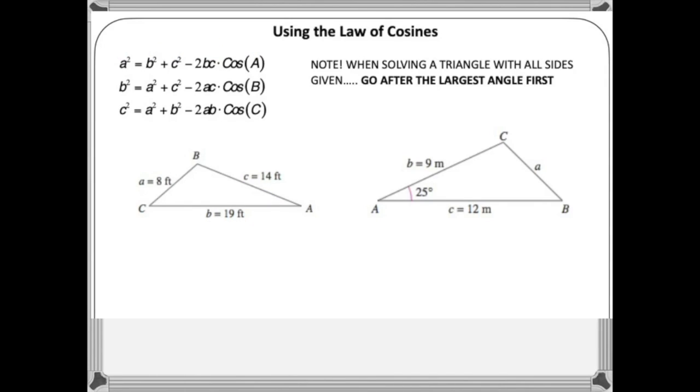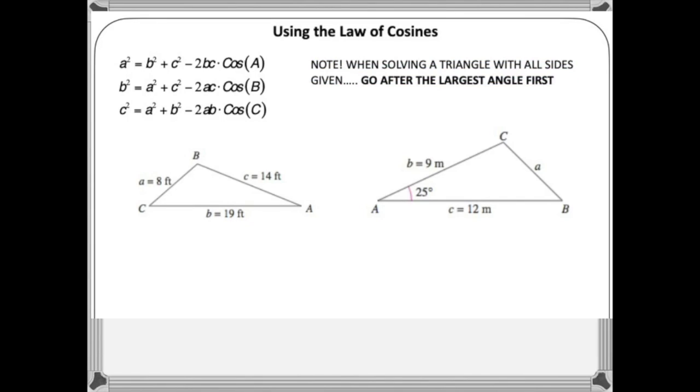Okay, so here we go. Looking at this, one thing I want to make sure of, a common mistake for folks using the law of cosines, is that when you're solving a triangle with all sides, which is the first one we're going to take a look at on the left-hand side there, always start with the largest angle first.